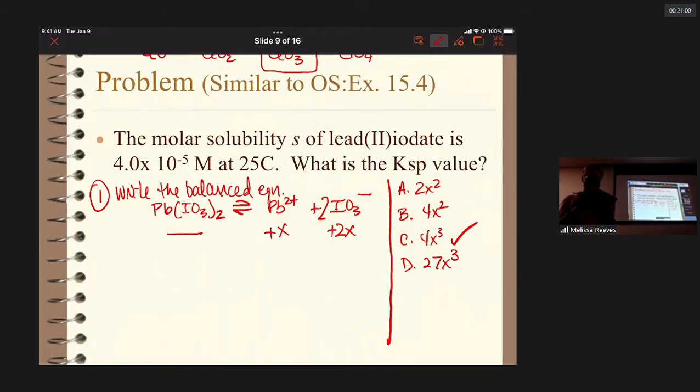And KSP are those concentrations raised. This one is going to go to the first power, and this one should be raised to the second power. So my KSP is X times 2X squared, and that's going to be X times 4X squared, which is 4X to the third power.